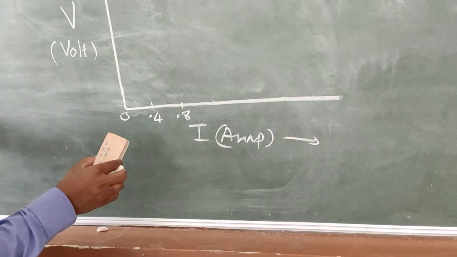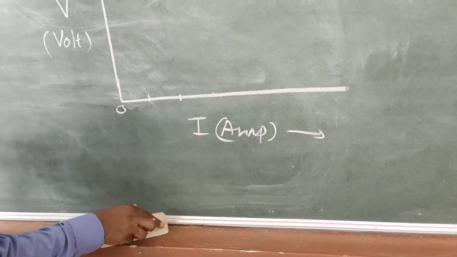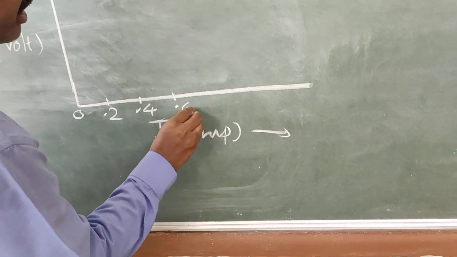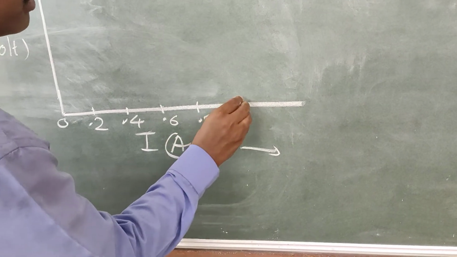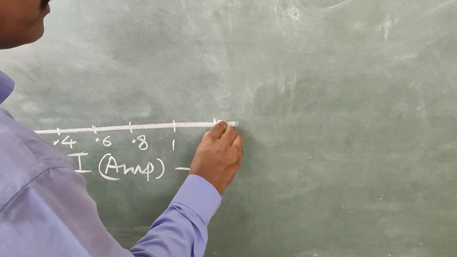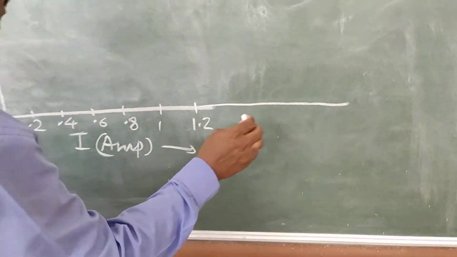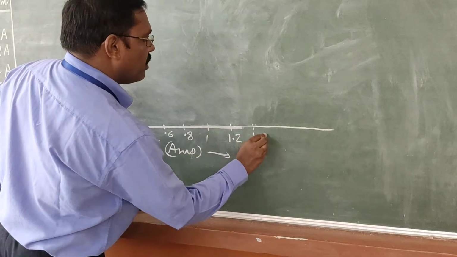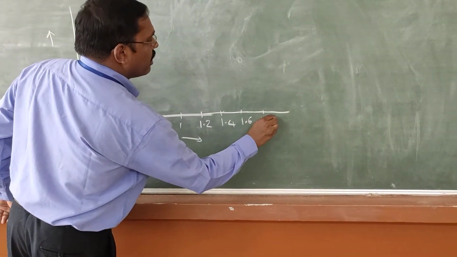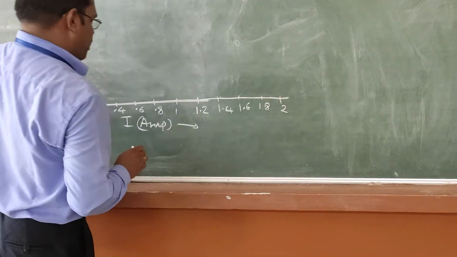So how many lines? 9 lines. We can take 0.2, 0.4, 0.6, 0.8, 1, 1.2, 1.4, 1.6, 1.8, 2 ampere.